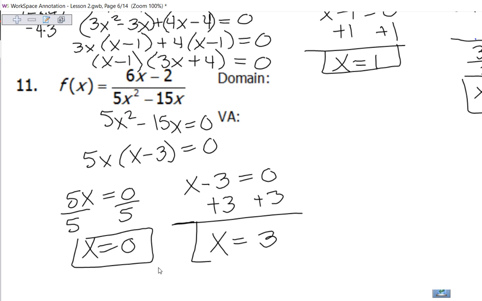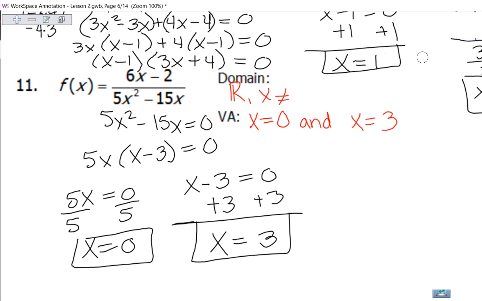So the vertical asymptotes, I need to write this as x equals 0 and x equals 3. So that means the domain is all real numbers except x cannot equal what? 0 and 3.